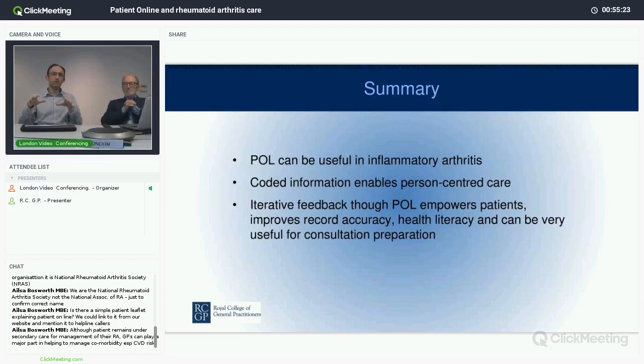I think we know that GPs are good at managing the overall view of a patient, and there are lots of studies showing how good GPs are at managing those comorbidities and looking at those risks, whether in terms of cardiovascular risk or risk of osteoporosis. We are good at that aspect of care, and like I said, the more specific management of rheumatoid arthritis would remain with the secondary care team.